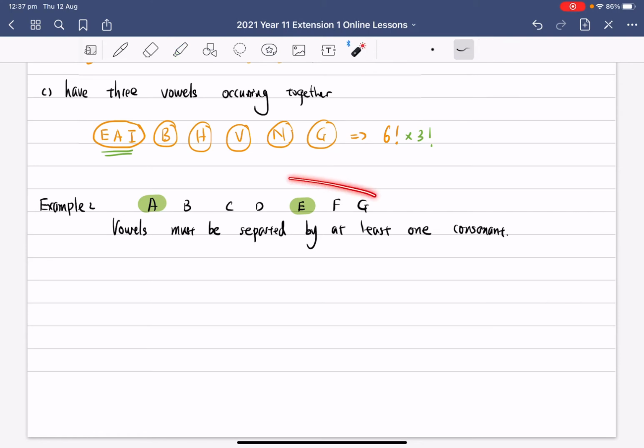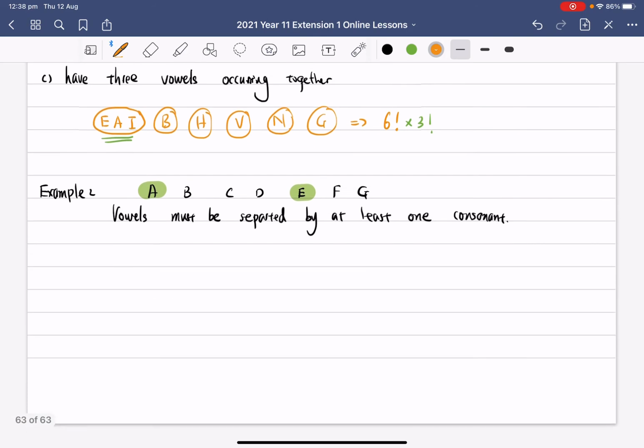Looking at A, B, C, D, E, F, G right now, yes, the 2 vowels are separated by these 3 consonants. But it says at least 1 consonant, which is a bit tricky, because you can have only 1 consonant in between, or you can have 2, 3, 4, or more. So it's not that easy to deal with this question directly.